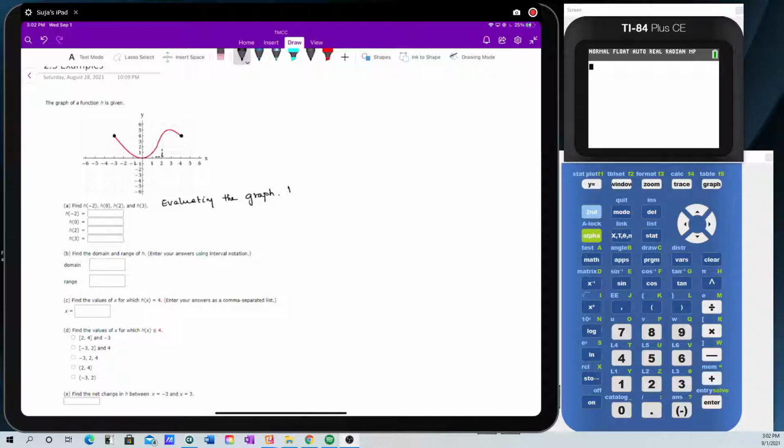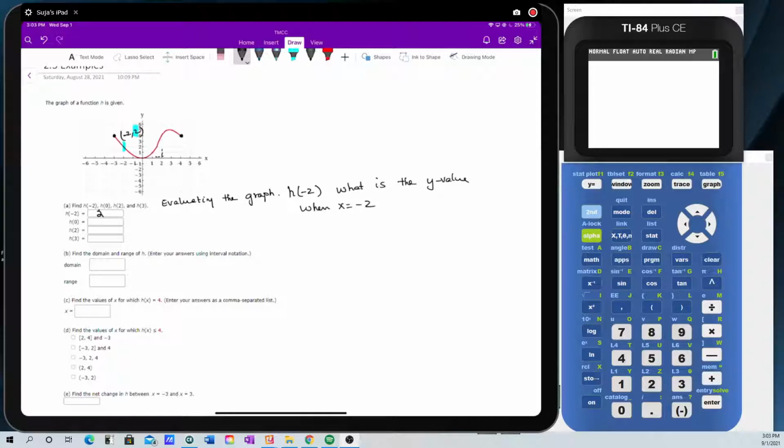When I see h of -2, the meaning is what is the y value when x is -2. So first I would locate x equals -2, the y value, that's the coordinate. So I know this coordinate is x is -2, y is 2. Therefore, the answer to this will be 2.